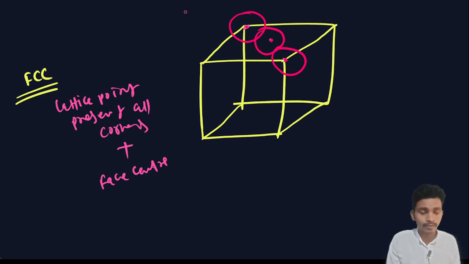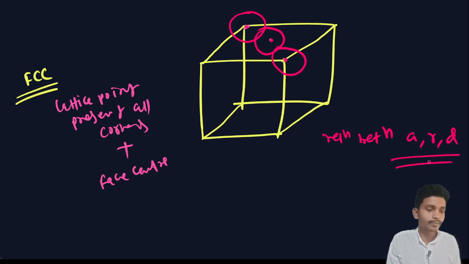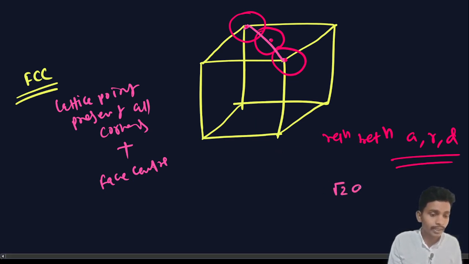Now calculate the relationship between A, R and D. We see that this is the base diagonal, so we calculate the body diagonal and base diagonal. Base diagonal is root 2a, body diagonal is root 3a. The base diagonal is smaller.